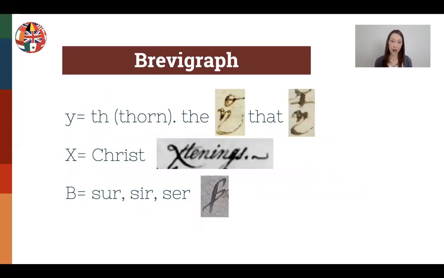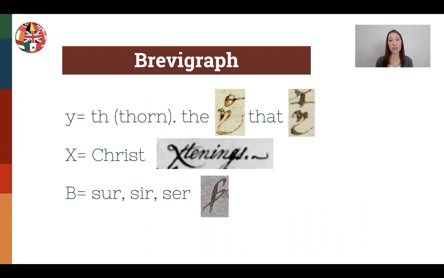We've also got brevigraphs for thorn, which we've already talked about, and I've got two examples there of the and that. So the Y with an E superscript or the Y with a T superscript. Christ was also a brevigraph that they used X for. So that is where Christmas, Xmas comes from.